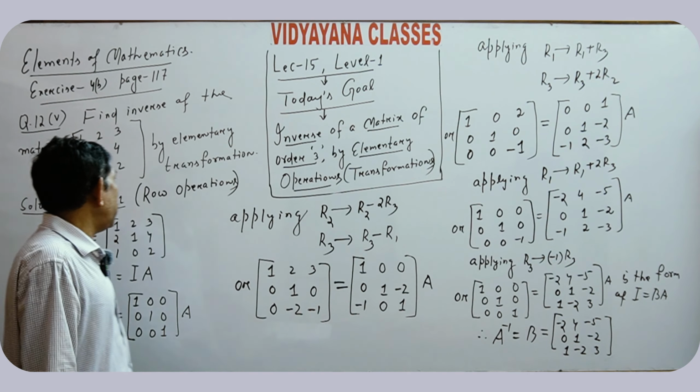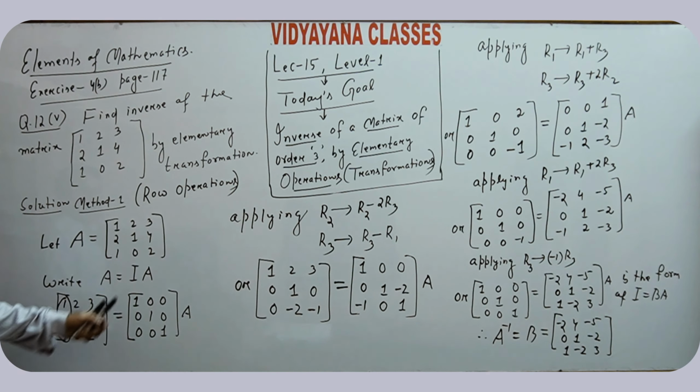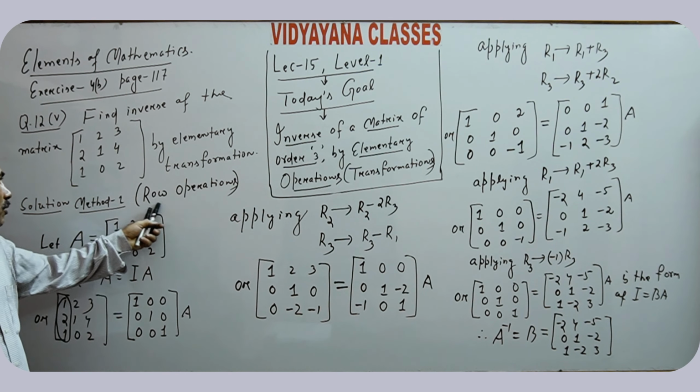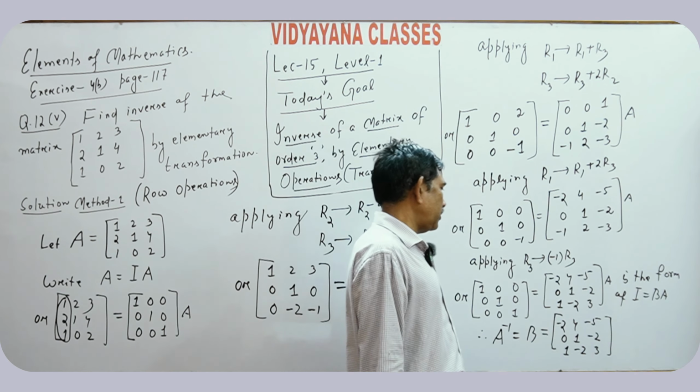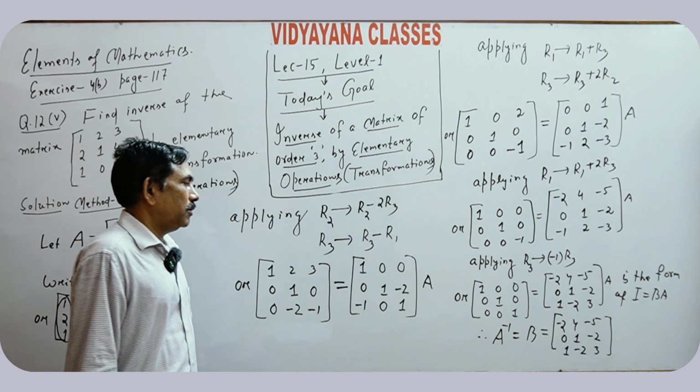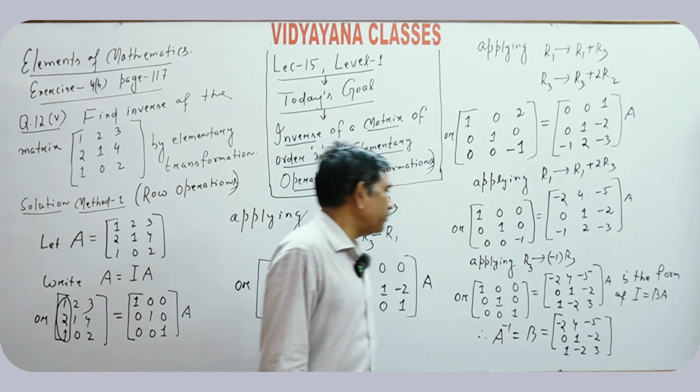So the inverse of A, the given matrix, by row operations gives this result. It is the inverse of A.